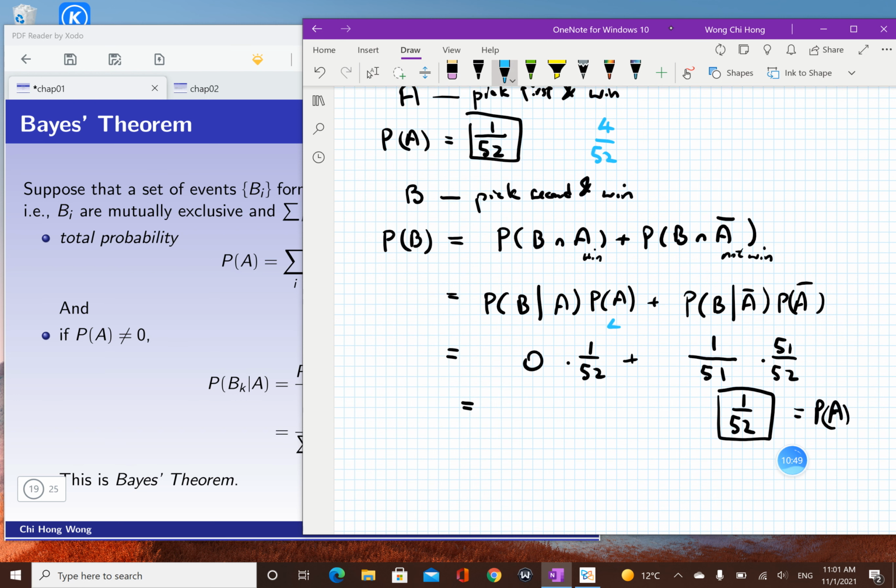There's a 4/52 chance of me picking out the winning card, and then you've still got 3 from 51 to win. On the other hand, if I pick the wrong card in the first place, so 48 from 52, not the threes, you have 4 cards from 51 then.